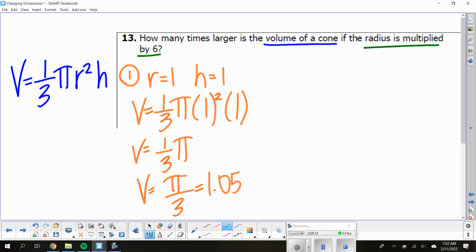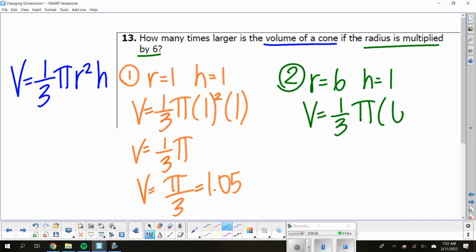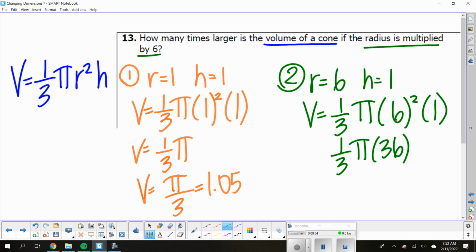Alright, and then the next scenario, I want to multiply my radius by 6. So if my radius was 1, it's now going to be 1 times 6, which is 6, and my height doesn't change. So volume is 1/3 pi radius, which is 6 squared, times height. So this is 1/3 pi, 6 squared is 36, and times 1 is 36.